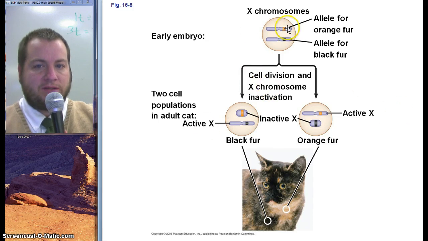So what happens is these are the two chromosomes. She's heterozygous for both of those. So she has the allele for orange fur and the allele for black fur. And again, they're carried on the X chromosome. The patches of her fur that are black have an inactive orange fur chromosome. The patches on her fur that have orange have an inactive black X chromosome in those cells.